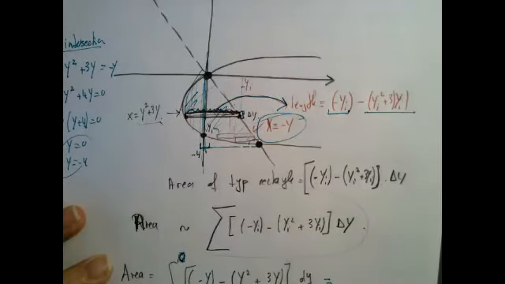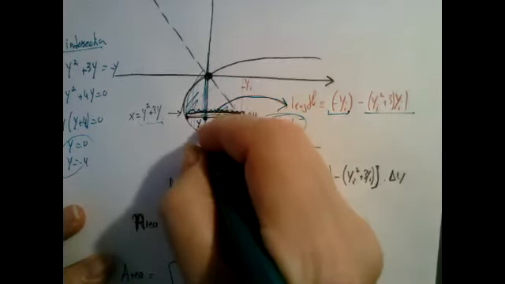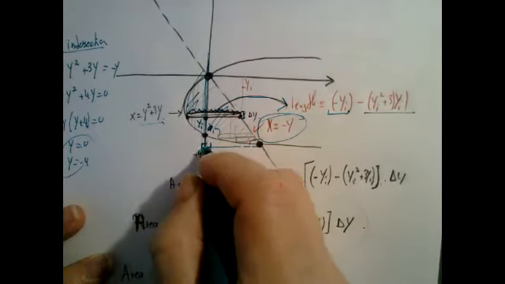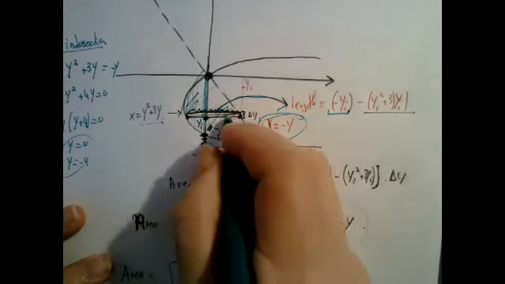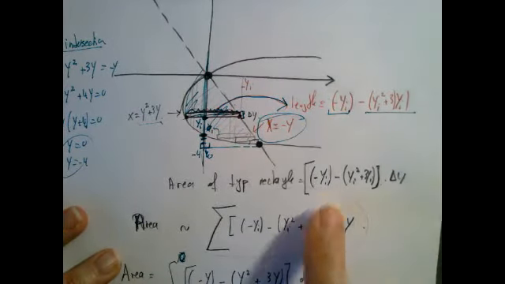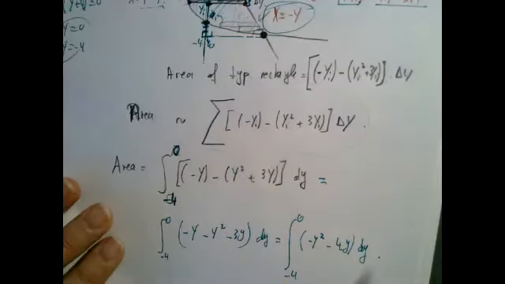That's what I mean by label. Is it making any sense? Yes, I see. Okay, and this is your yi. Your yi is down here, because the idea is that this is y0, this is y1, y2, y3, and so on. And this will become your representative. Area of a typical rectangle is this.